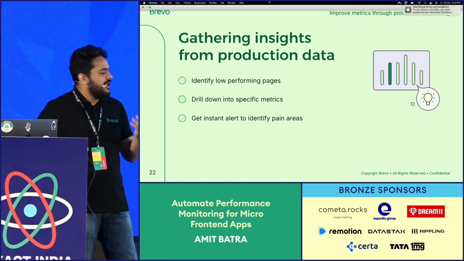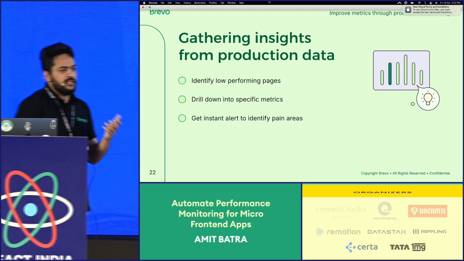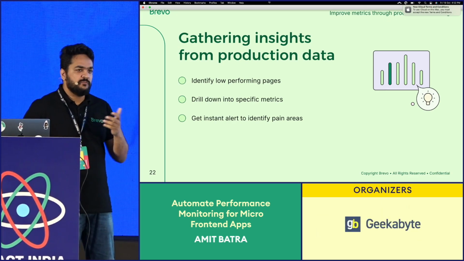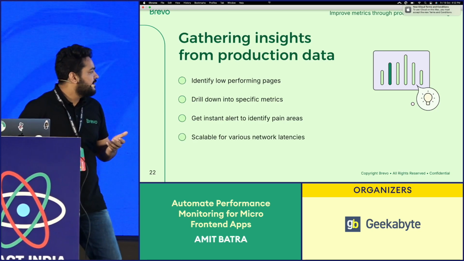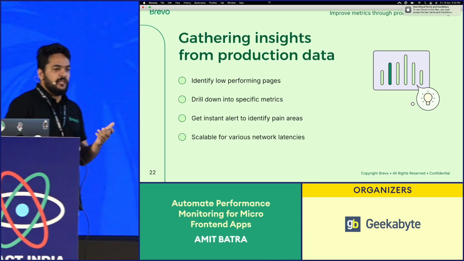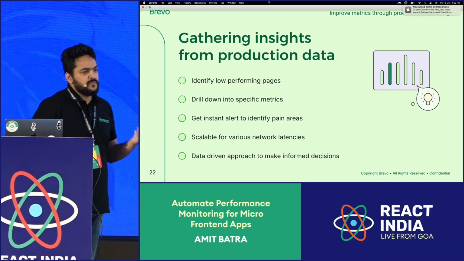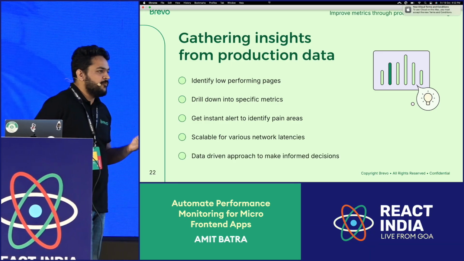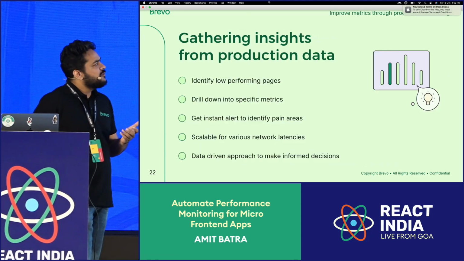We got instant alerts to identify pain areas: any URL that is not performing up to the mark, we were getting alerts on the channels. Then our solution was scalable for various network latencies. And last but not least is the data-driven approach to make informed decisions.